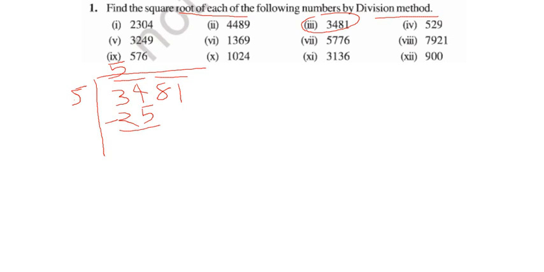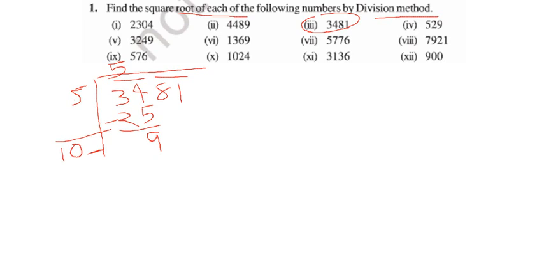So 34 minus 25 will be 9. Then the next step is to double the division number. So 5 doubled becomes 10, and you have one blank space here.